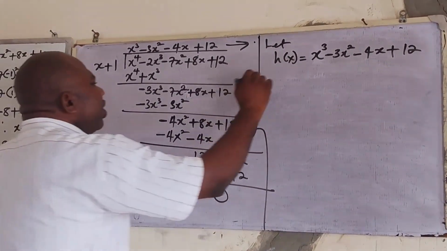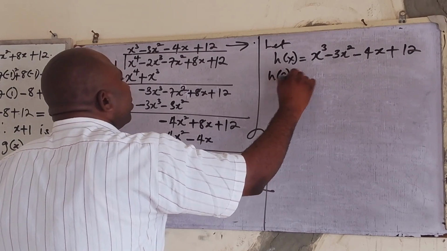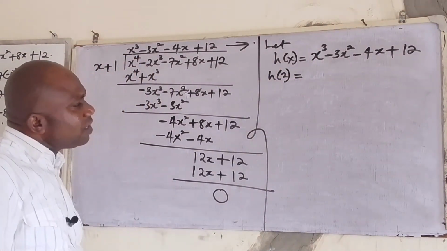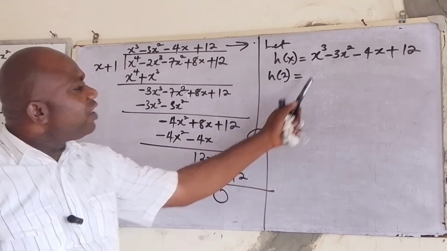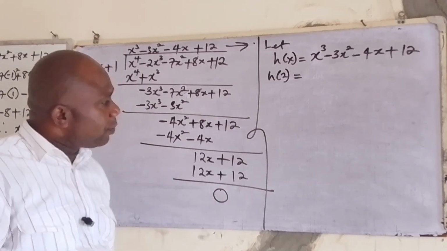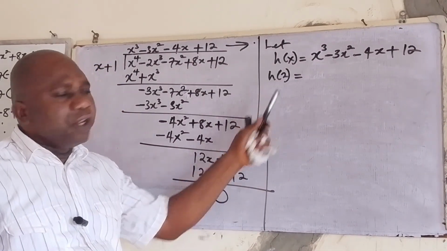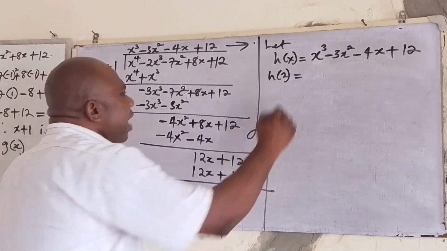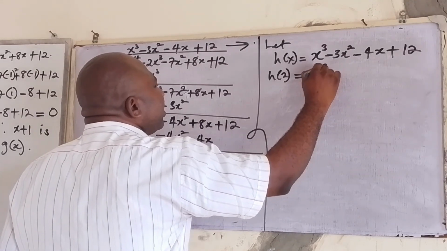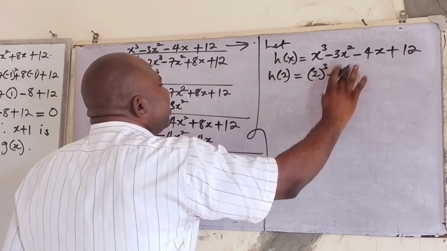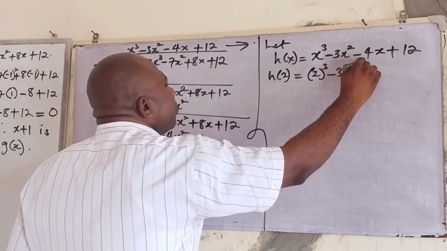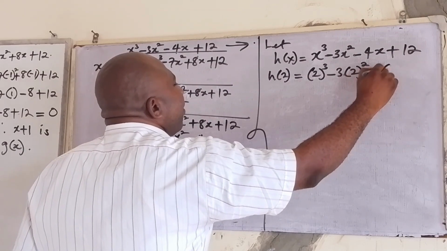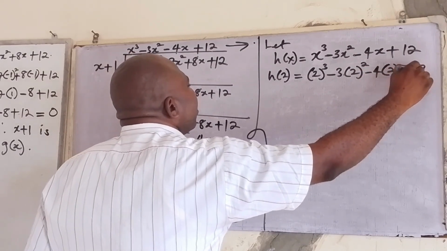Now let's try h of 2. Now h of 2 means that anywhere you see x in this cubic expression, you have to substitute the value of 2 there. So here we have 2 raised to the power of 3 minus 3 in bracket 2 raised to the power of 2 minus 4 in bracket 2 plus 12.